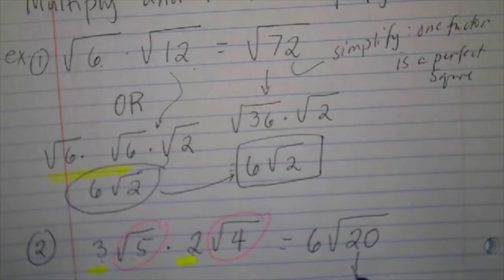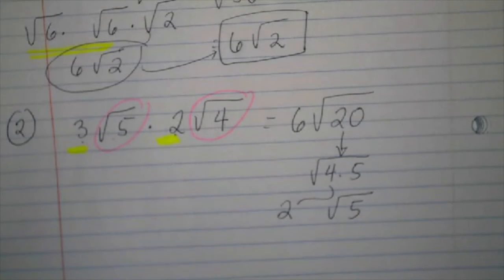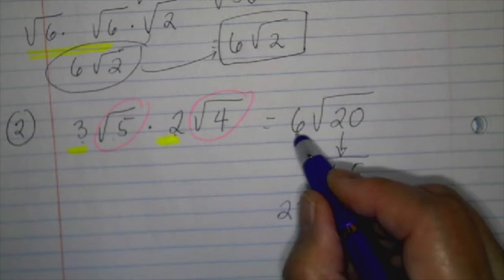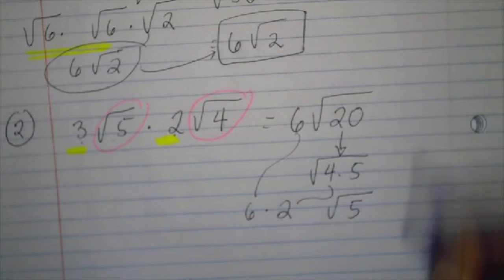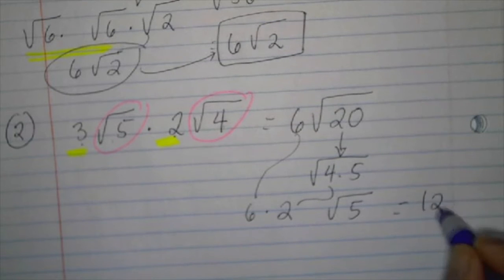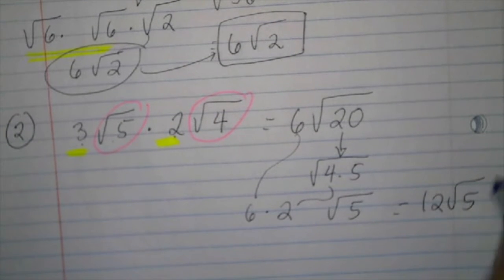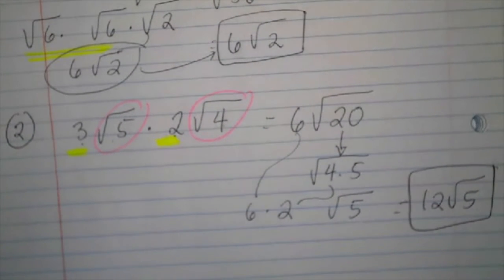Square root of 5 times square root of 4 will give you square root of 20, which again can be simplified as square root of 4 times 5, which will go out as 2, will remain as 5. Then you multiply with 6. So your final answer will be 12 square root of 5.